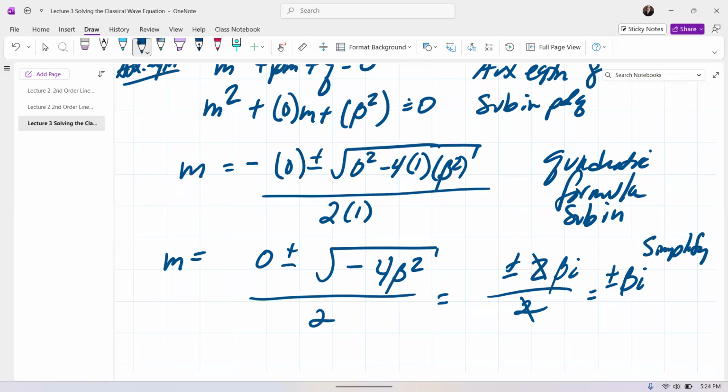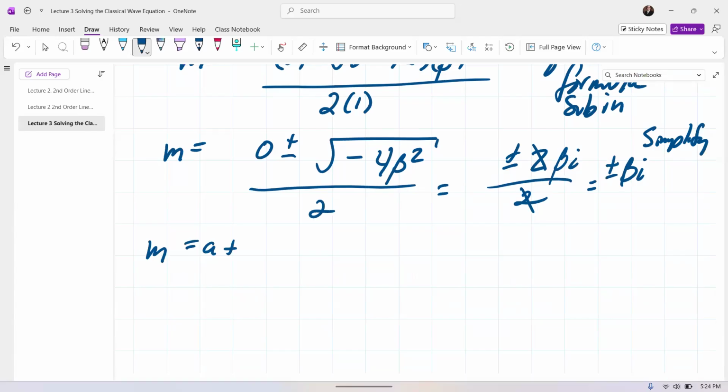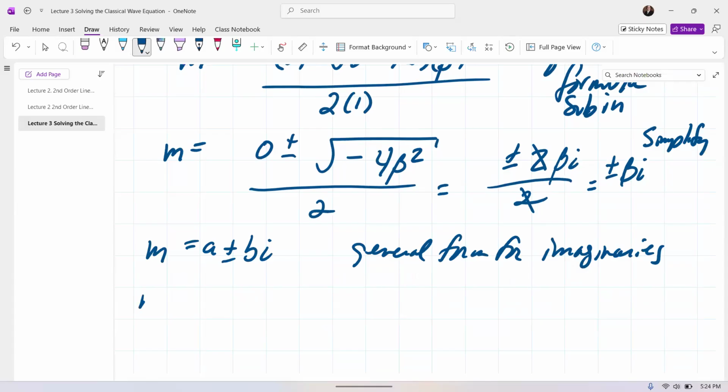Now, the next thing we need to do is identify the real and imaginary components. So we write down the form m equals a plus or minus bi, and that is the general form for imaginaries. And now we have m equals, what was a? A is 0 plus or minus, what is b? Beta i.